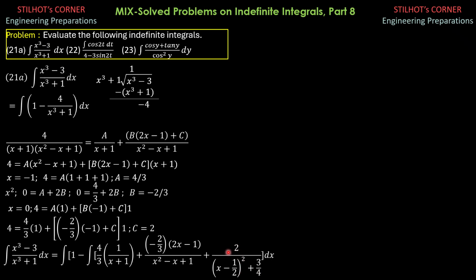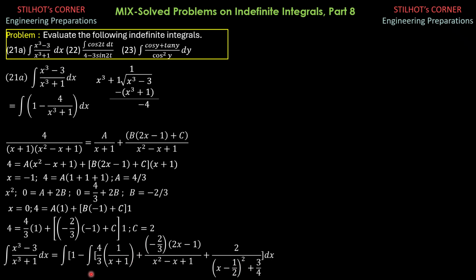So this is the variable u squared plus a squared, where a is square root of 3 over 2, in preparation for its integral, which is arctan or inverse tangent. This x minus 1 half can also be written as 2x minus 1 all over 2.